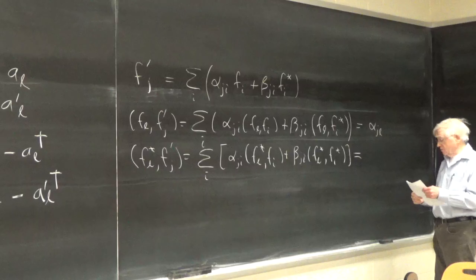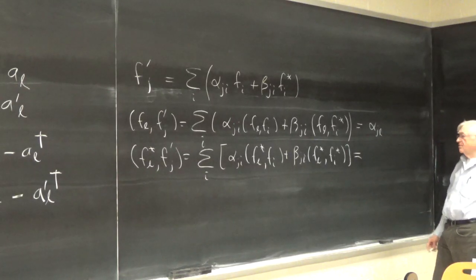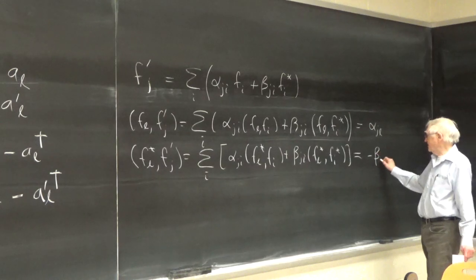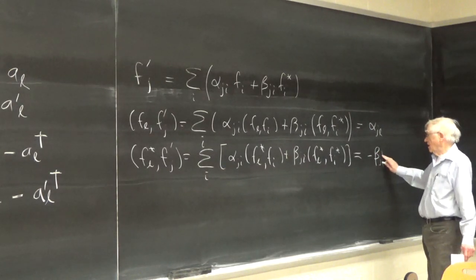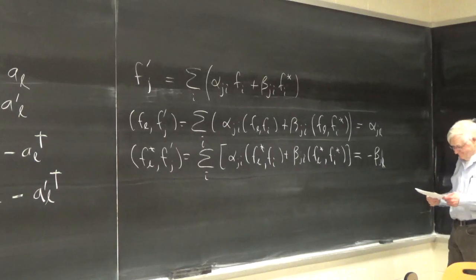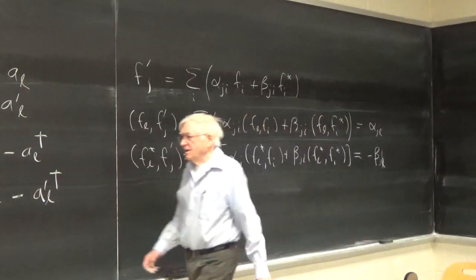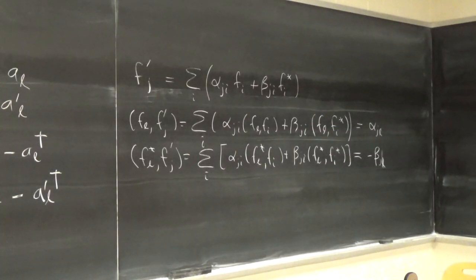And it's the last one that is non-zero, but it kicks out a minus sign, so we get minus beta_jL. And that minus sign, you can compute from either one of these formulas for the scalar product, or equivalently, you could just use the expression that the scalar product of F star, G star is minus the scalar product of F, G, and that would give you the same answer.